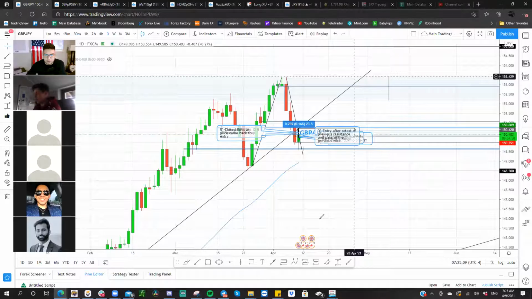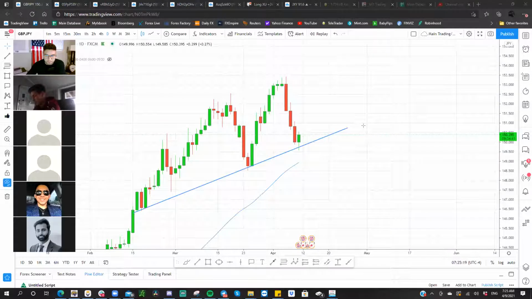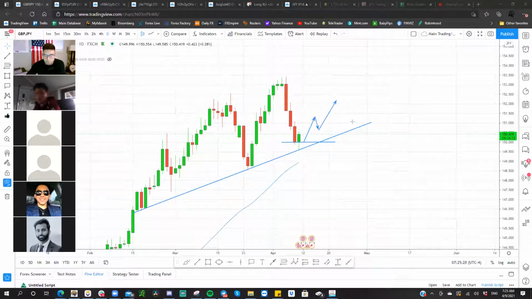Could this be the reaction that we're getting to create a support and then head up? All right. That'll be interesting. Or boom.